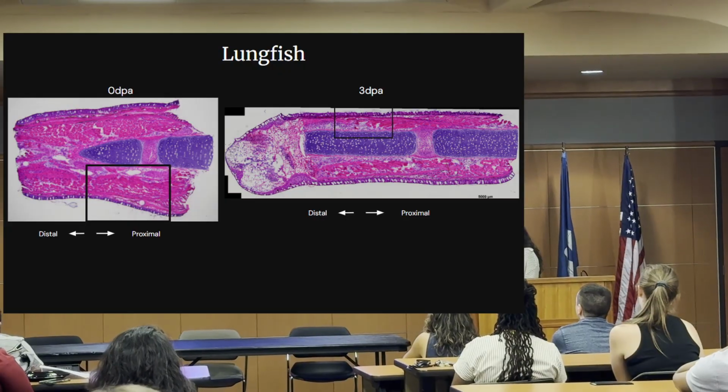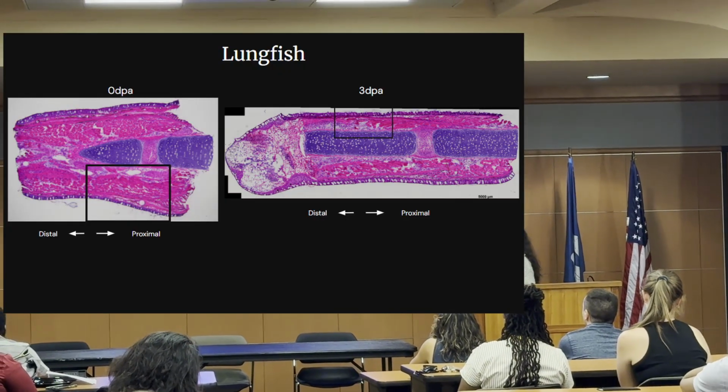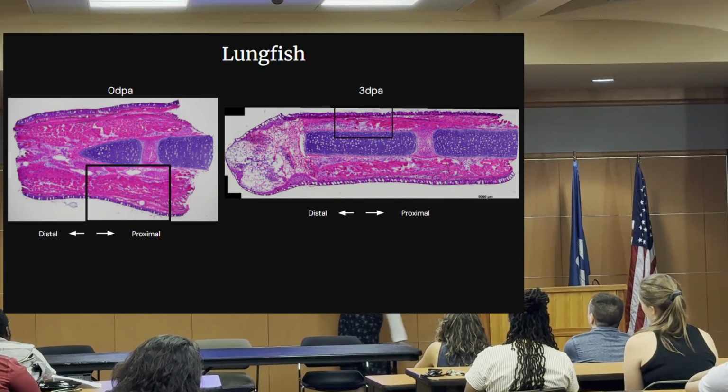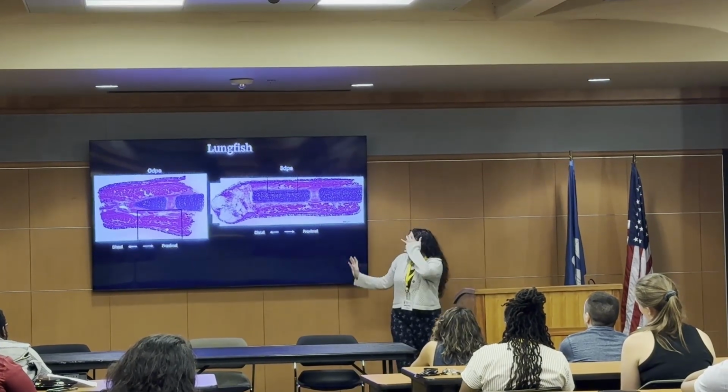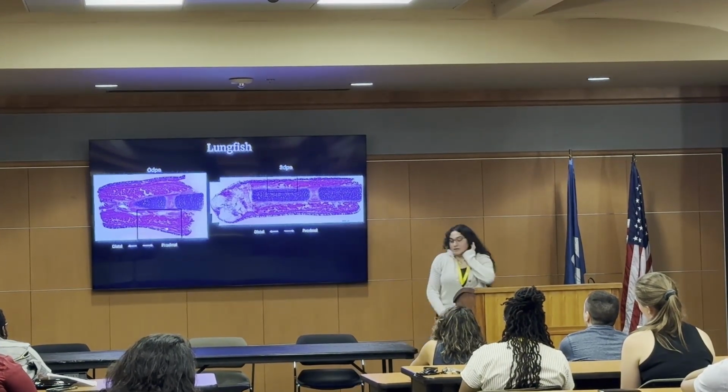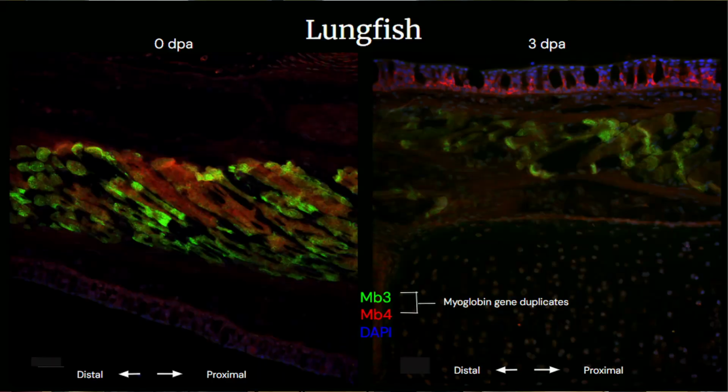Okay, so now I'm going to show you a lungfish fin, and this is specifically going to be the skin and muscle in a non-regenerating area for both 0 and 3 DPA. So right here, these are 2 completely separate myoglobin genes, MB3 and MB4, within the lungfish fin.